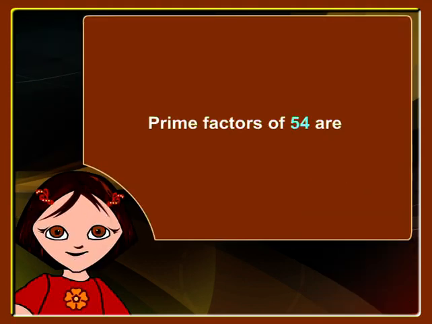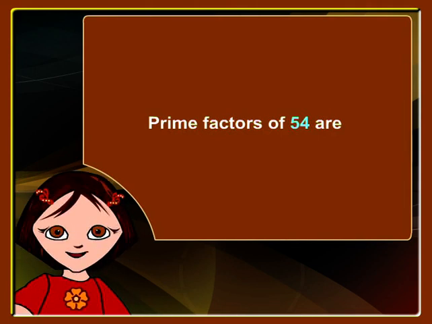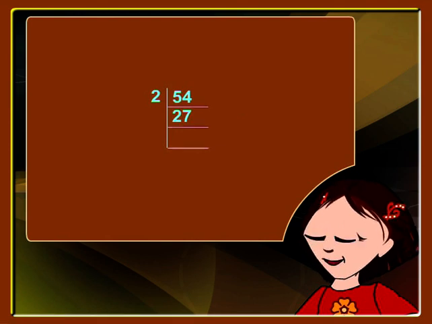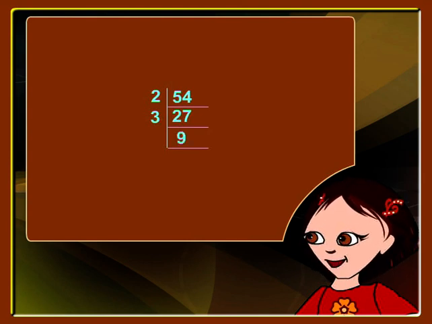Similarly, we can find the prime factors of another number, 54. 54 divided by 2 is equal to 27. 27 divided by 3 is equal to 9. 9 divided by 3 is equal to 3. 3 divided by 3 is equal to 1.